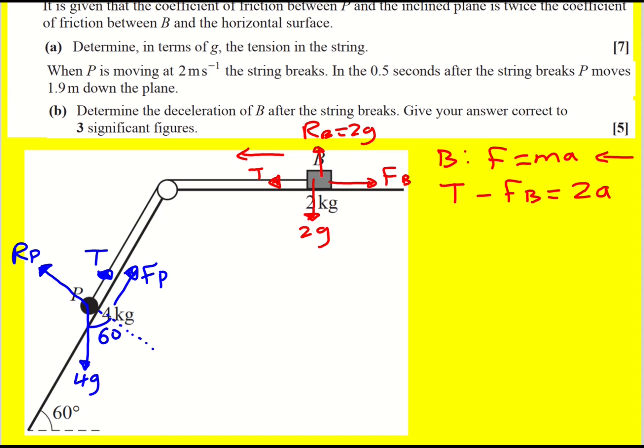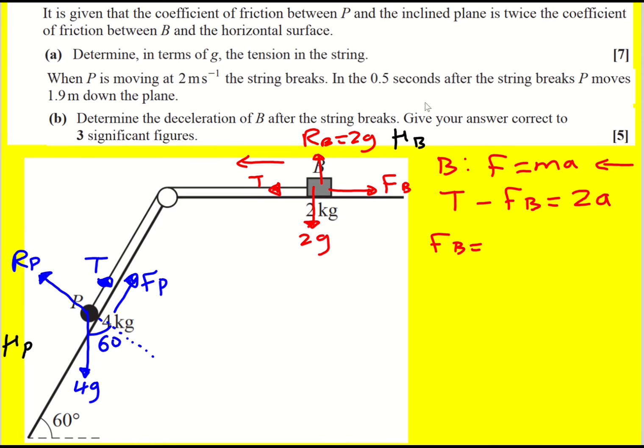2a. Now because it's moving, I know that FB is going to equal, I didn't say this before actually, maybe I should add it now. I'll do this in a different color. So I've got my coefficient of friction at B on the ground where B is, and the coefficient of friction, let me do that again, where P is. Okay, and it's given that the coefficient of friction between P and the inclined plane is twice the coefficient of friction for B. So I'll call this one mu, and I'll call this one 2 mu.